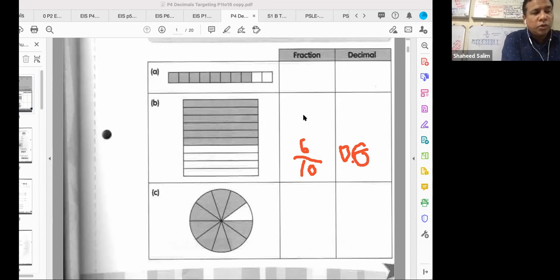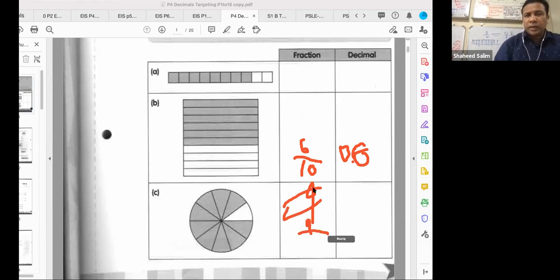No issue. What about C? Can you see the C? Okay. What is it? Okay, again, I'll erase for you. There's a rubber sign down there. Or 9 over 10. Okay, good. So 9 over 10.